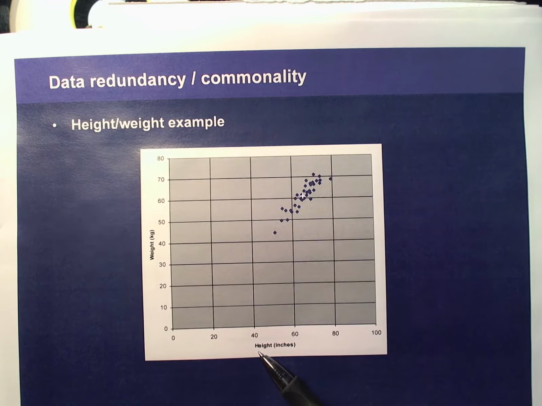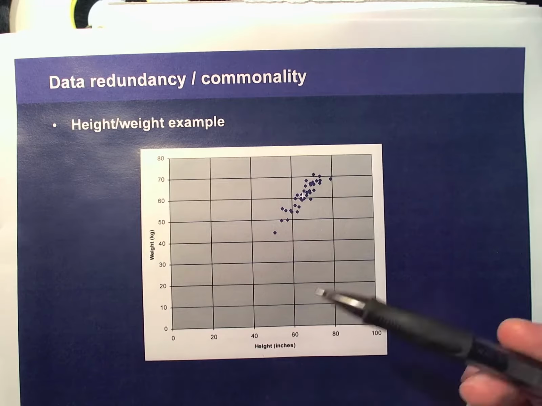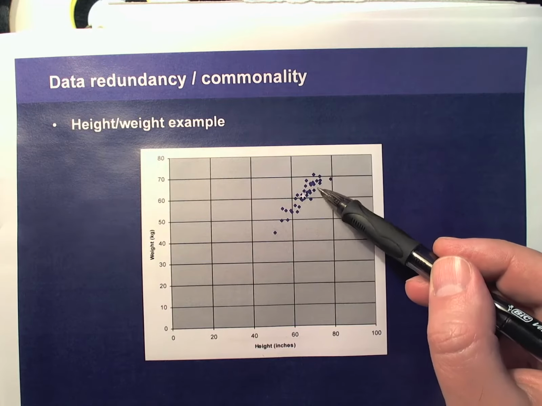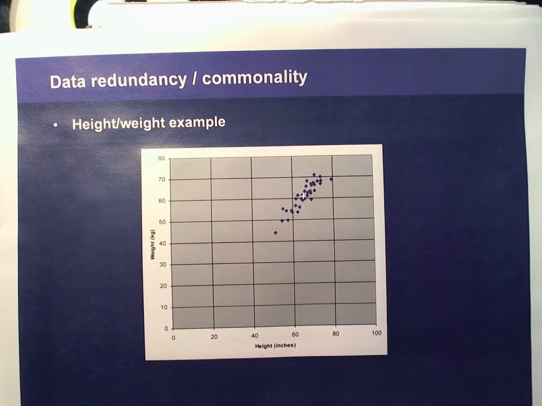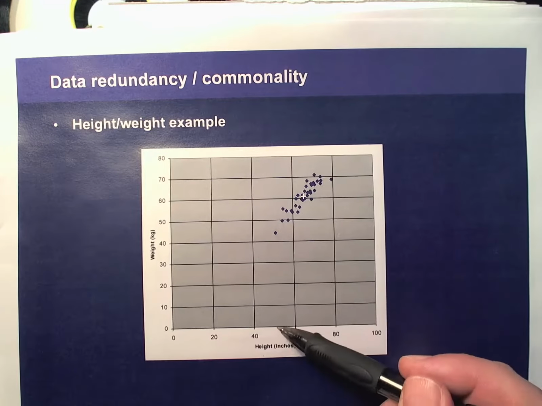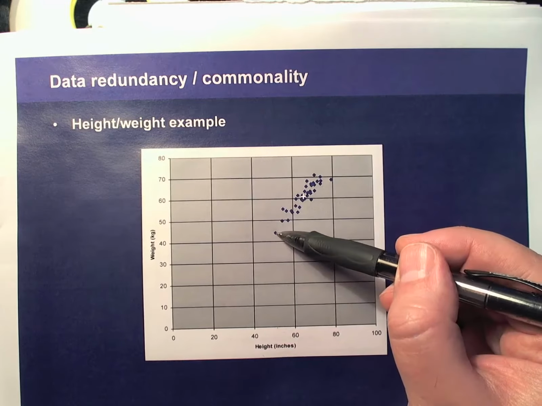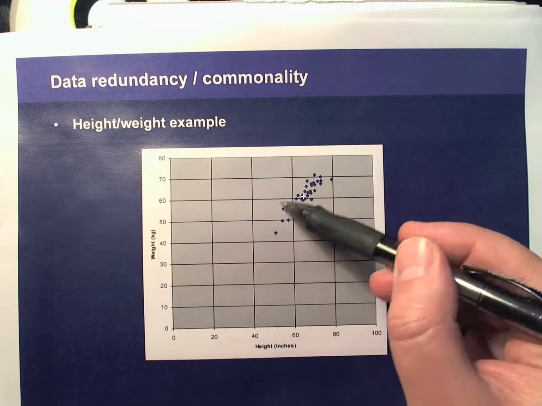For imaging, these would be pixel values, but for our little example, the values I want to communicate are height and weight of individual people. So now, instead of images, each dot represents a person. Here's a person who's very short and who weighs a lot less than most other people.